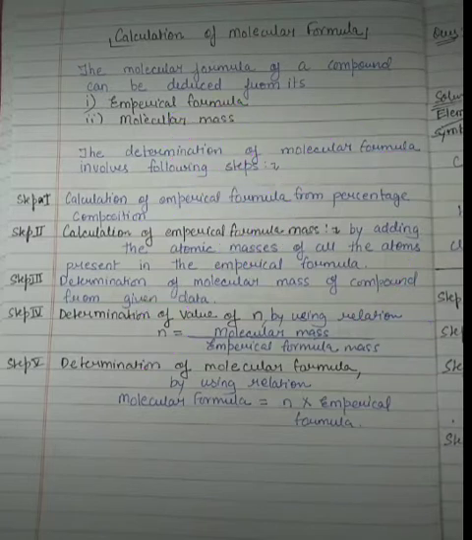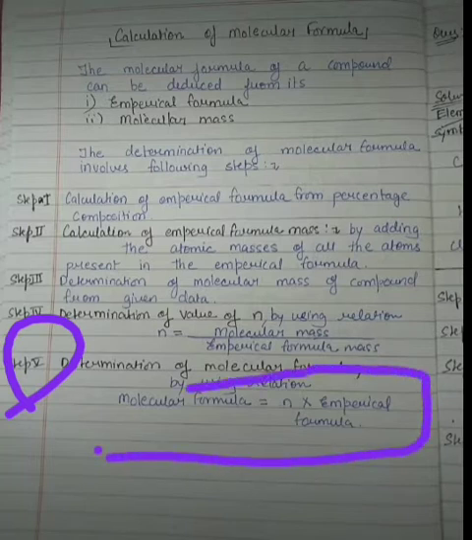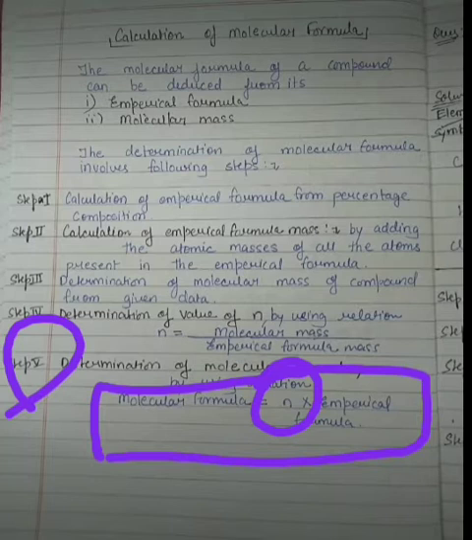Now, students, at last you follow the fifth step, where you determine the molecular formula using this formula. Earlier I also told you how molecular formula is calculated. If we know n, then molecular formula is equal to n times the empirical formula, and n is basically any integer.